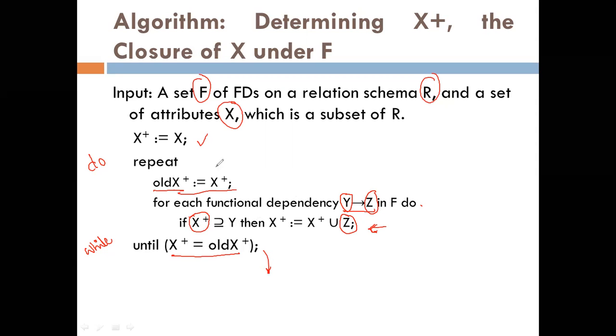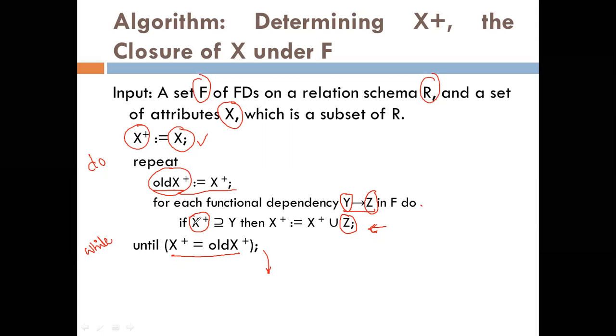So in this step, initially X plus is equal to X, then we temporarily store the closure in old X. Then for each functional dependency Y determining Z, we verify whether Y is a subset of X plus.